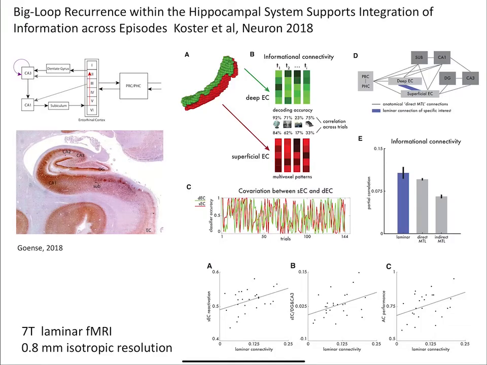This is another study where they were trying to test out a theory of how information is integrated across episodes. For example, let's say one day you see a man walking out of a house and getting into a blue car, right? And the next day you see a woman walking out of the house and getting into that same blue car. So those are two pieces of information, and somehow your brain integrates it.